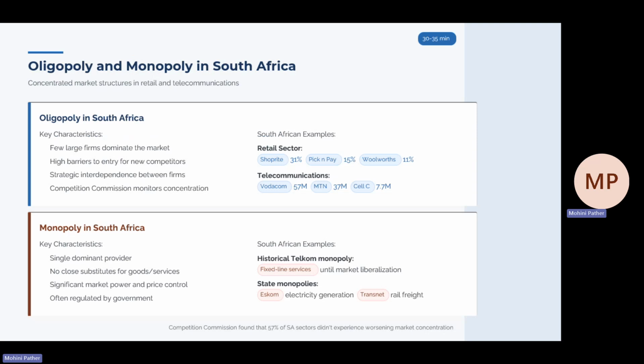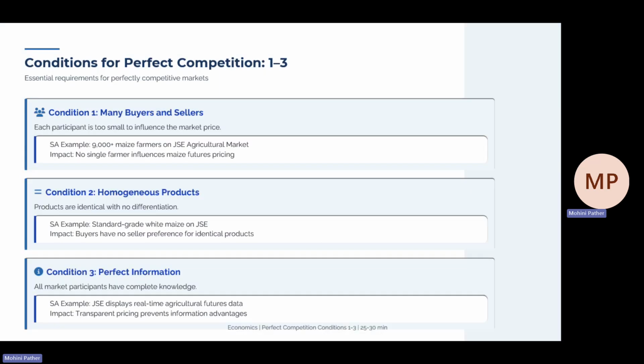So it is when there is a single dominant provider, no substitutes, and they have complete price control. They are often regulated by government because no one else can enter the market. So the only thing that can control them is government. Okay, so 57% of South African sectors did not experience worsening market concentration, which is fantastic.